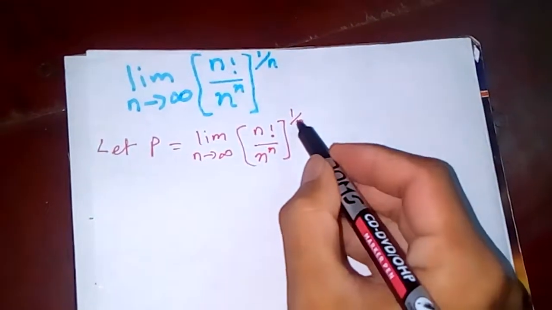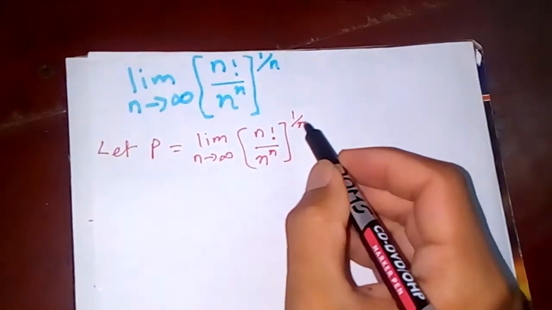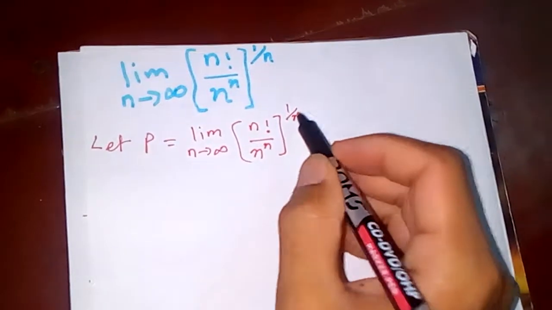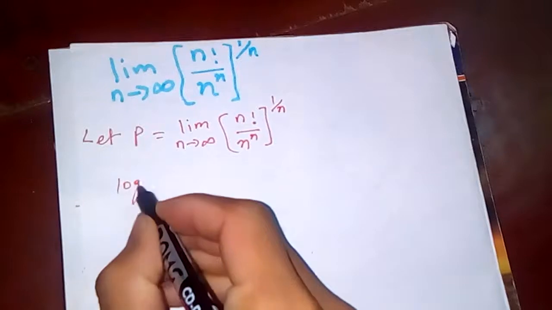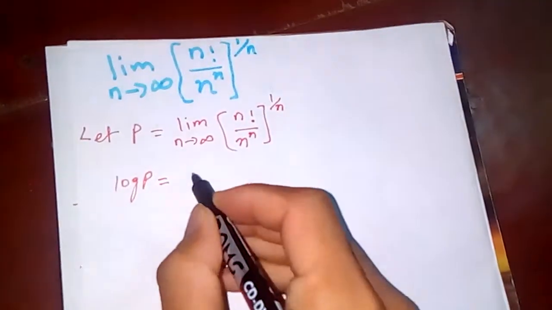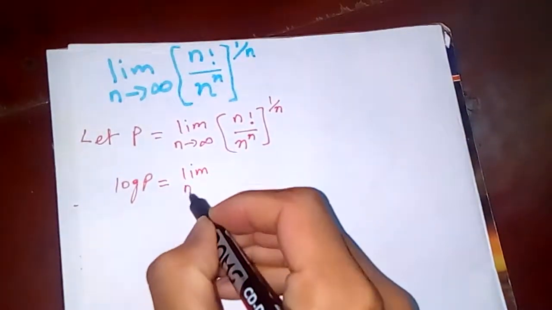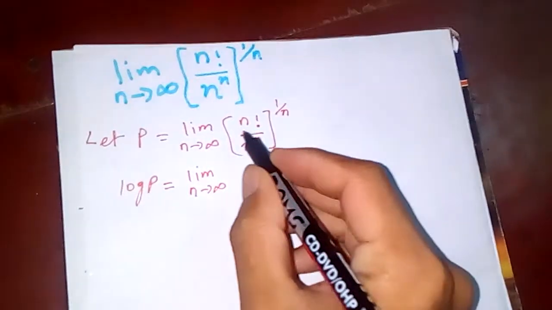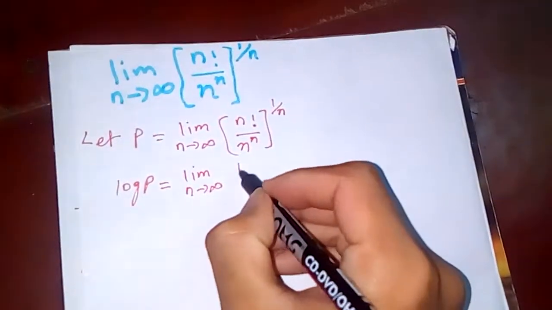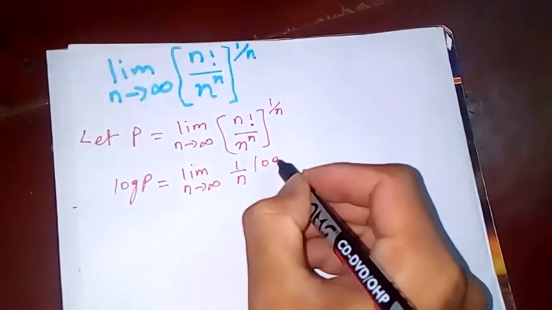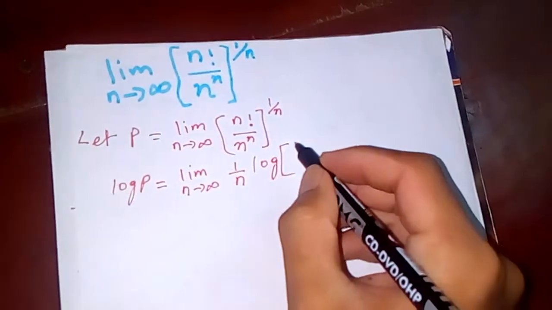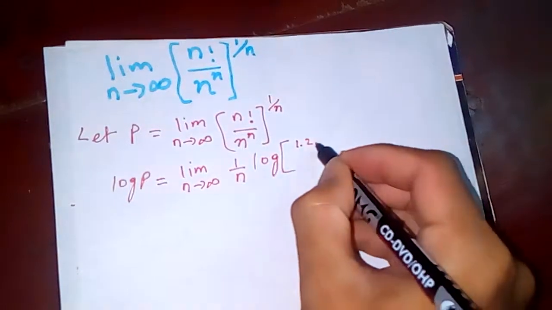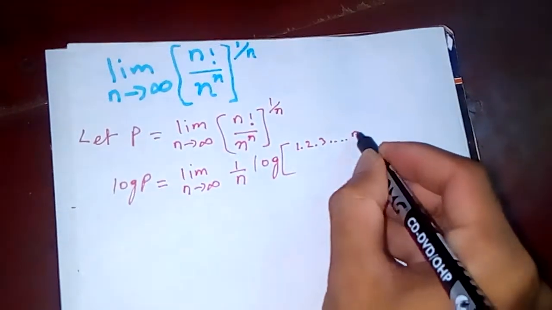Now I want to take out this power 1 over n. So what we need to do is take the logarithm. Log p is equal to limit n tends to infinity log of this one, which means 1 by n log of this. And n factorial is, we know, 1, 2, 3 and so on up to n.